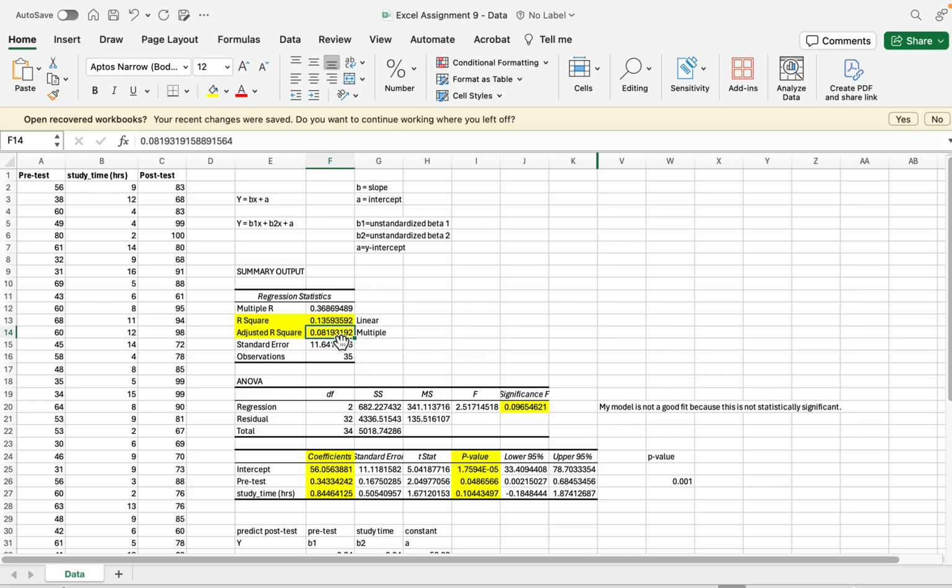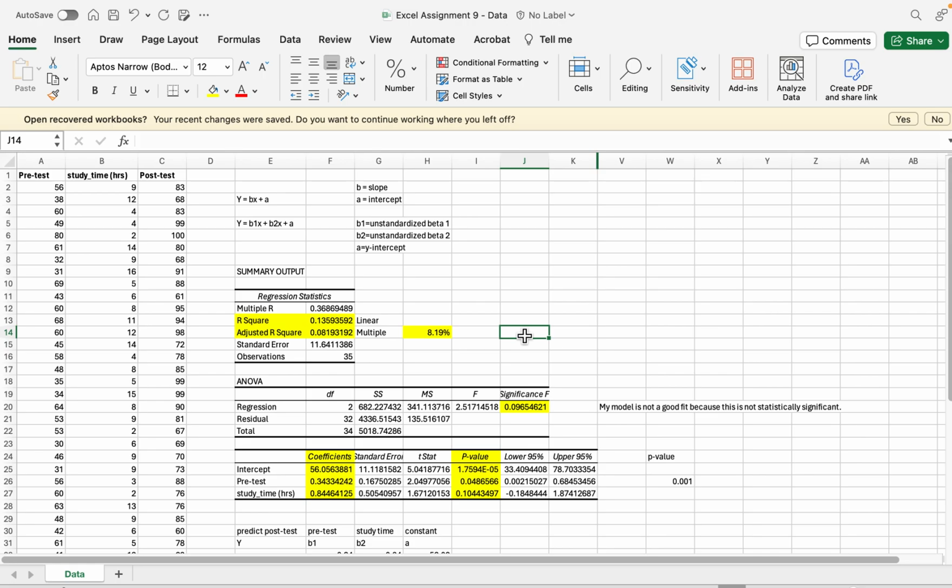So what this is telling you, if we make that a percentage, so I'm going to bring that over here, and I'm going to make that a percent and 2 decimal places, right? So it's 8.19%.